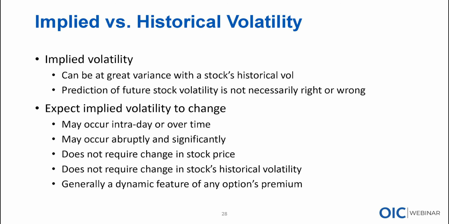a pharmaceutical company that's got a drug trial coming due for a cancer drug. If the test is successful, then the stock is going to shoot up in value. If the test proves negative, then maybe the company goes bankrupt.